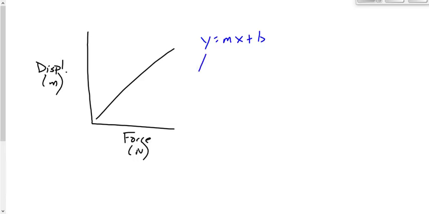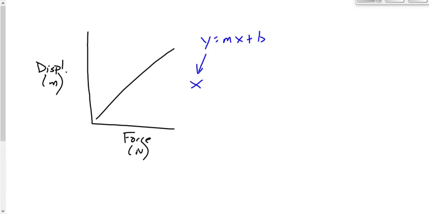Then what I want to do is replace y with whatever appears on the y-axis. Displacement is on my y-axis. Now, this is a little bit confusing because displacement is what variable? What symbol did we use yesterday to represent displacement? x. We're not replacing y with x because the axes switch.